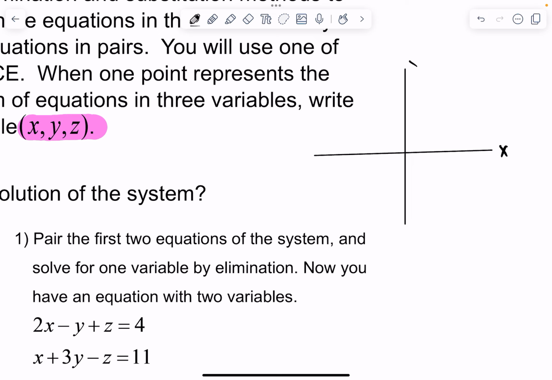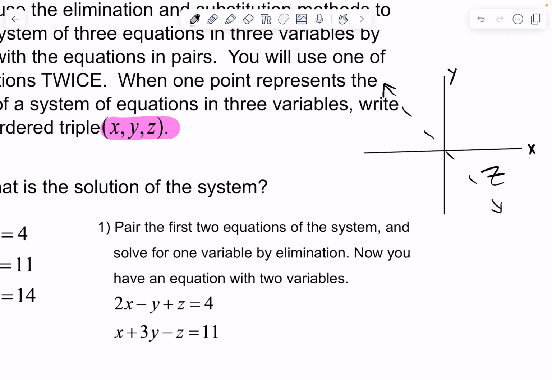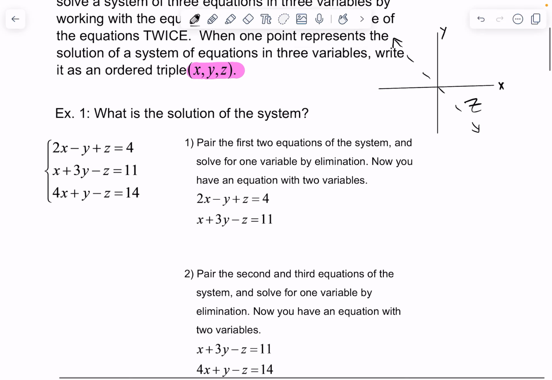The x is horizontal, the y is vertical. The z, my drawing doesn't do justice because it's two-dimensional, but the z is actually a third dimension. So when you have that ordered triple, it's not only the two dimensions of length and width, but it's also depth, the third dimension.